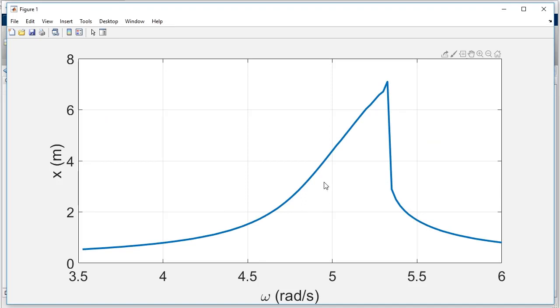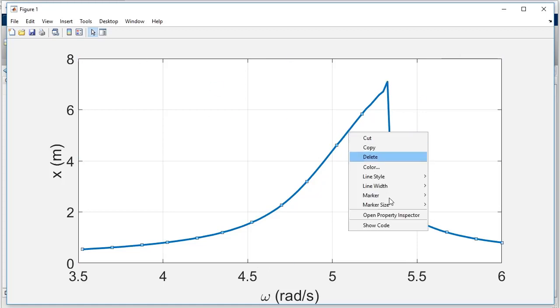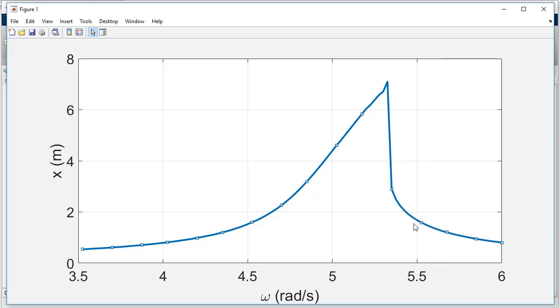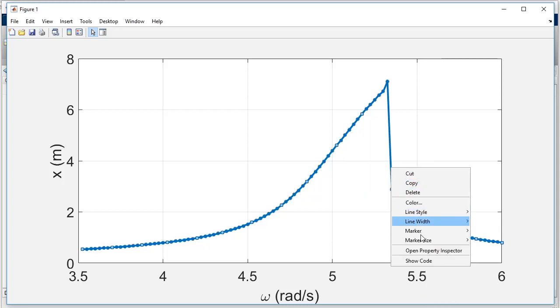So you can see here that the resonance behavior, the frequency response curve that you had, is tilted to the right. And actually we will see much more interesting stuff if I draw the markers here and get rid of the line.